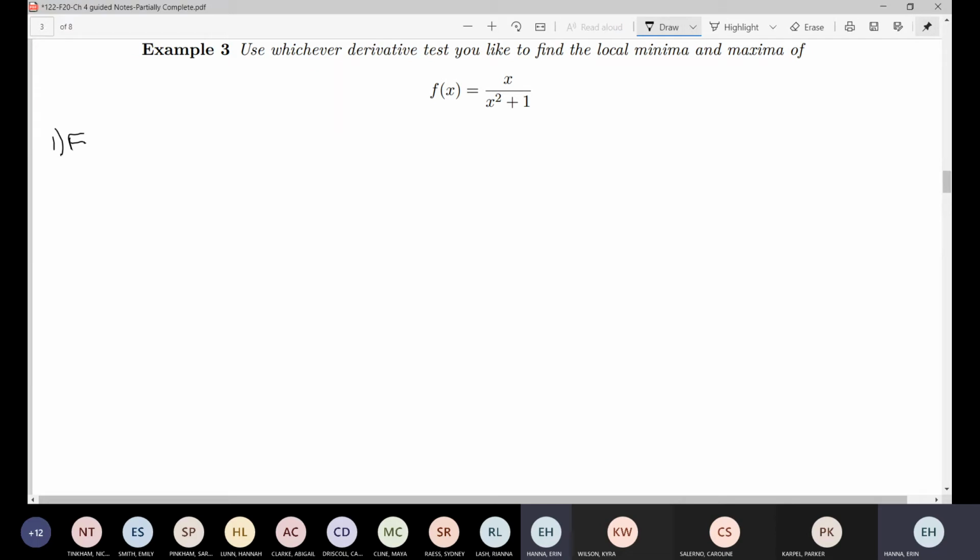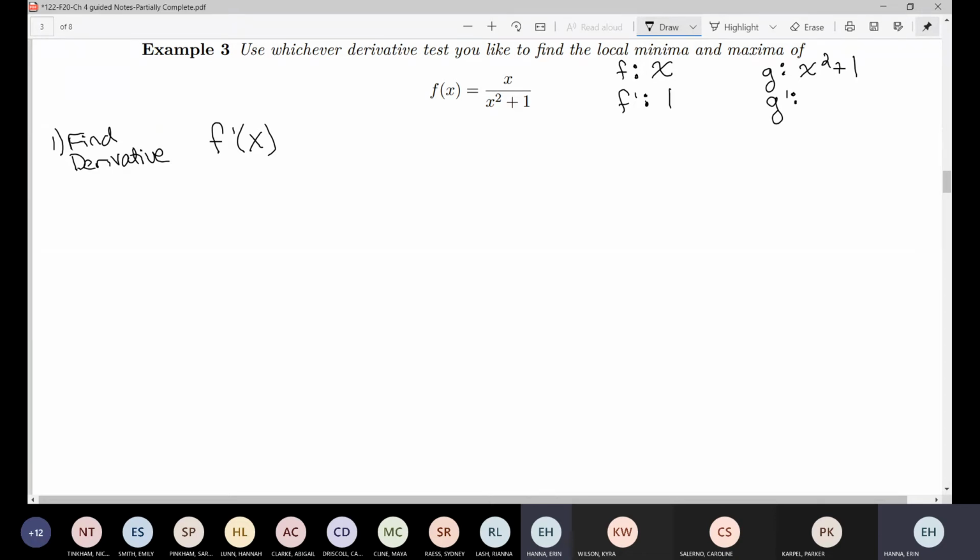I'll write the steps along the way so we remember what's going on. We have to find the derivative. Oh boy, that is a quotient rule. So let me do my little chart up here, and try to make sure I have enough space to do everything else I need to do. If I find all my pieces for the quotient rule, the derivative of x is 1.